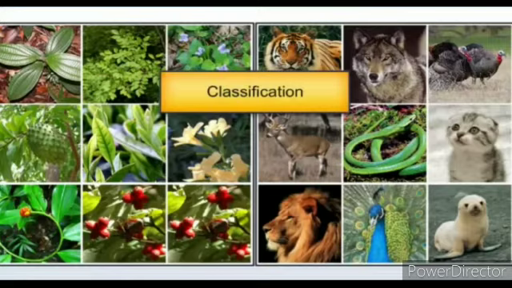Cytotaxonomy, that is based on cytological information. Cytology means the study of the cells, like chromosome number, structure, behavior, etc. Then the last one is chemotaxonomy, which uses the chemical constituents present in the plant organisms.